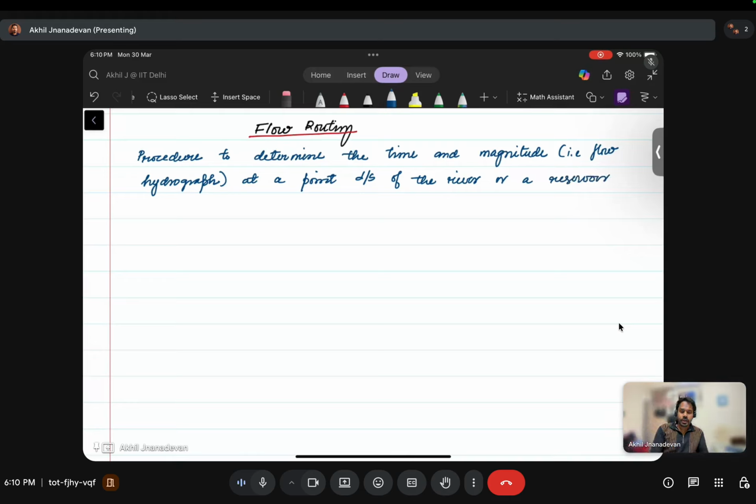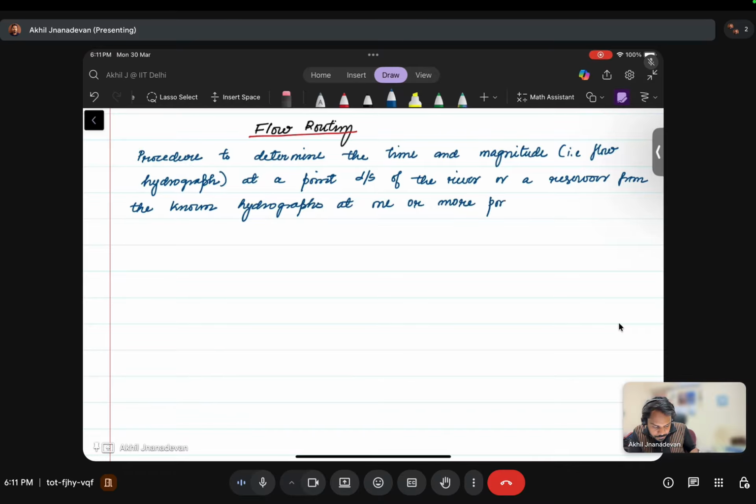Either it is at a point in the downstream of the river, where we are given the upstream hydrographs, or we are given the inflow hydrograph at the inlet of the reservoir, and we have to find the outflow hydrograph at the downstream of the reservoir. So we are given the upstream hydrographs at one or more points.